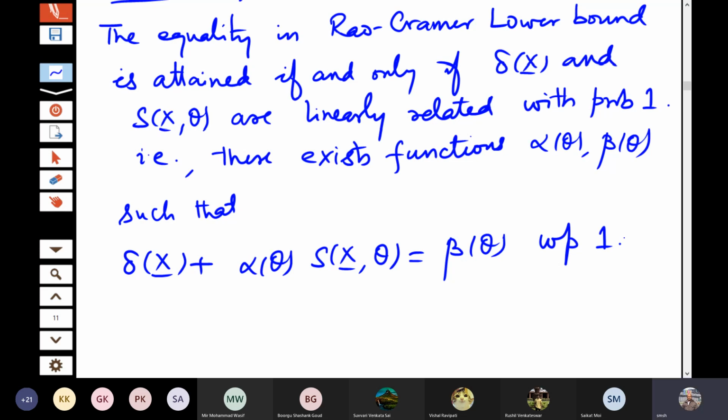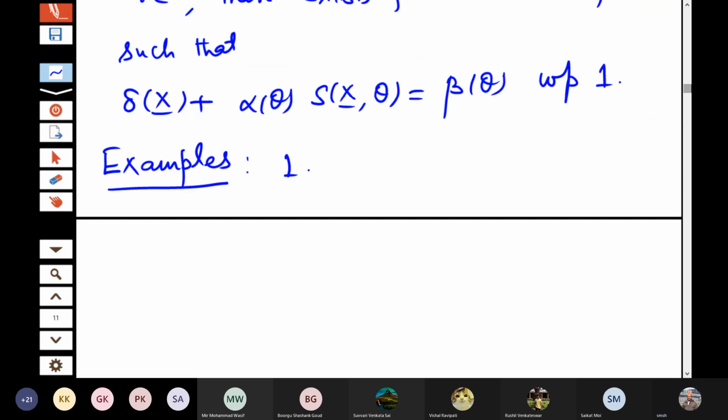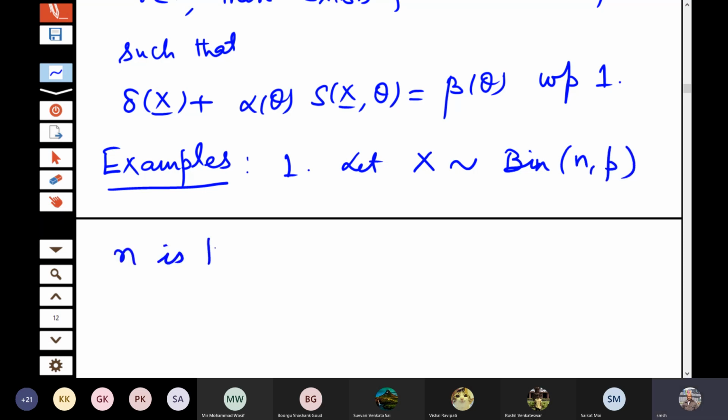So let us look at the applications here and see in which problems we will be able to get UMVUE. Let me start with, say, let X follow binomial(n, p), and I take n to be known here. So p is the parameter.